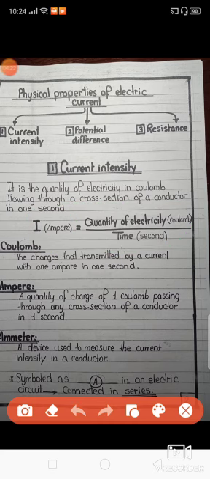Now we can define coulomb: the charge transmitted by a current of 1 ampere in 1 second. And we can also define the ampere: the ampere is the quantity of charge of 1 coulomb passing through any cross-section of a conductor in 1 second.